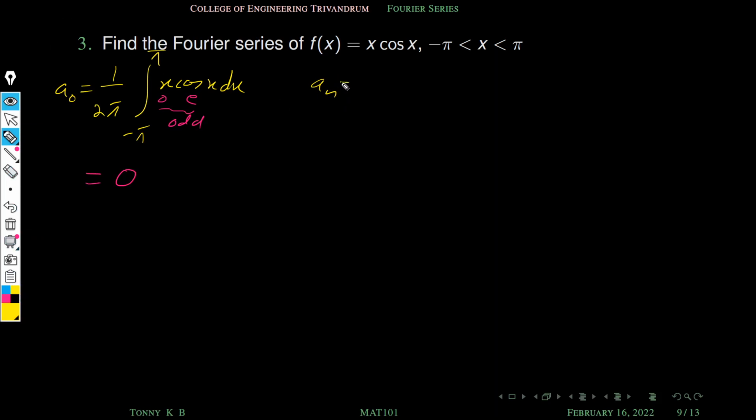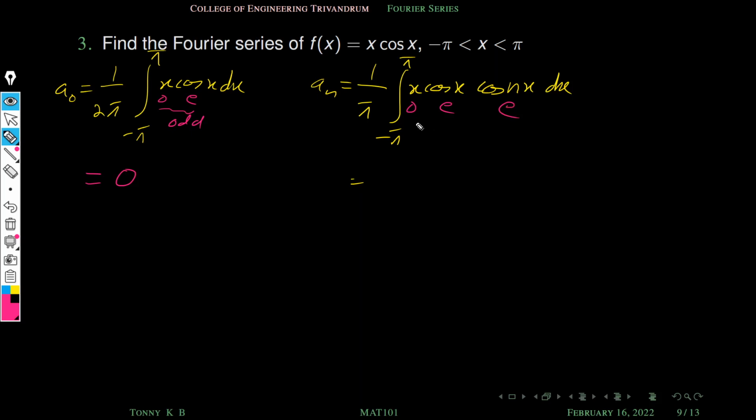Similarly, what about an? 1 by pi integral minus pi to plus pi f of x into cos nx. Here f of x is x cos x into cos nx dx. And similar to this case, here x is an odd function, cos x is an even function, and cos nx is also an even function.